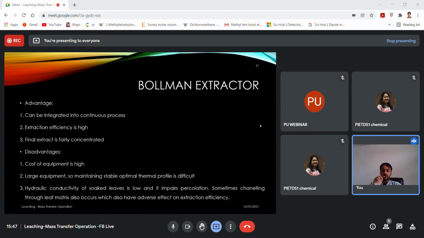So if we have to maintain high temperature, it is very difficult in the Ballman extractor. Third, the hydraulic conductivity is low and it impairs percolation. Sometimes channeling through the leaf matrix also occurs, which has an adverse effect on the efficiency. So these are the general disadvantages of the Ballman extractor. Clear? So I think most of the equipments are clear.